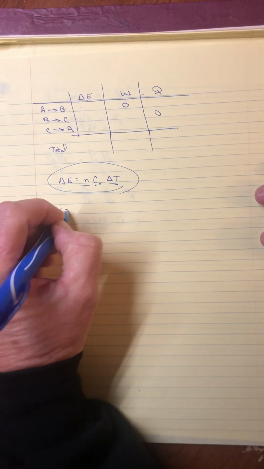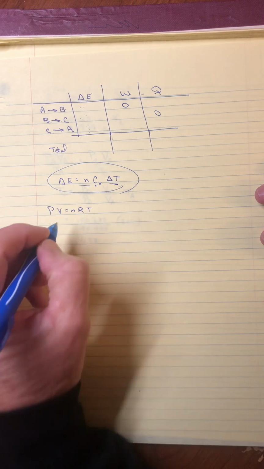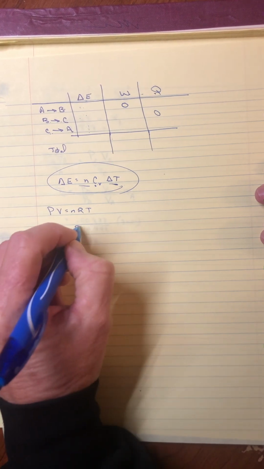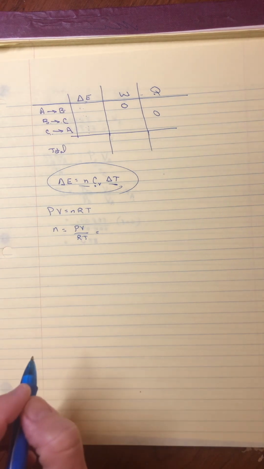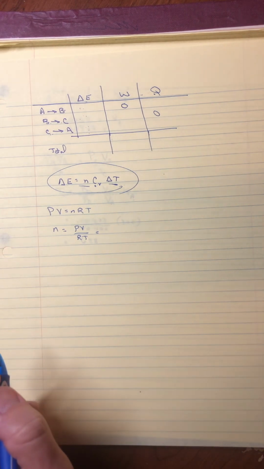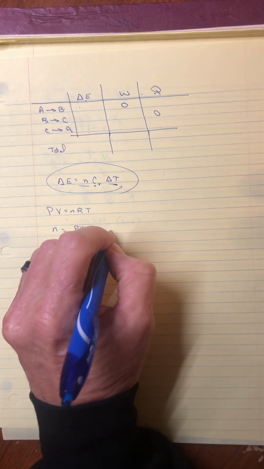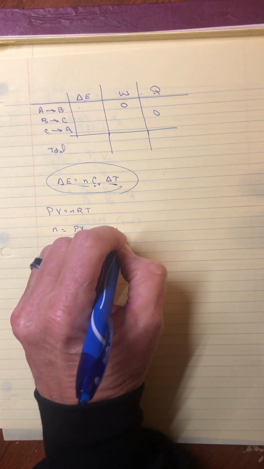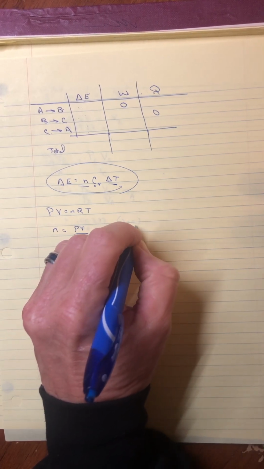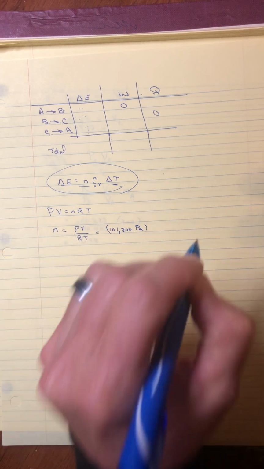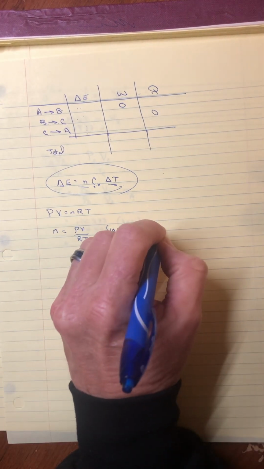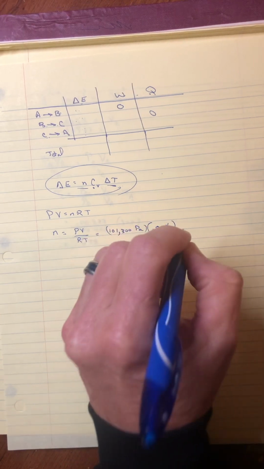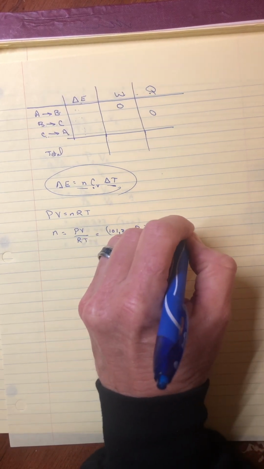So let's get the number of moles, and so I'm just going to go PV equals nRT, or put another way, the number of moles is PV over RT. And we can pick that anywhere. Why don't we pick it at A? And so this is 101,300 if I do it in pascals. And the volume is 0.004 if I do it in cubic meters.